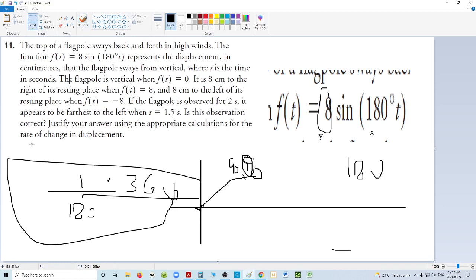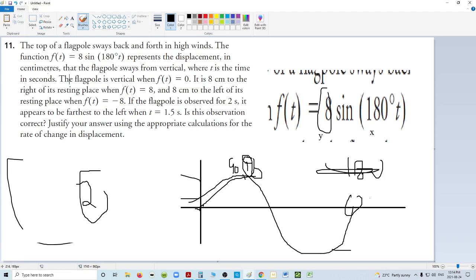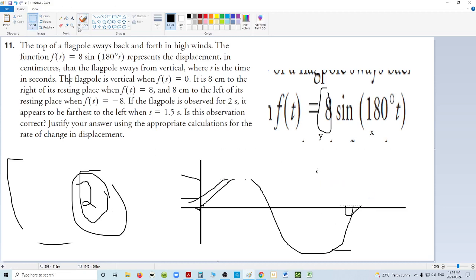It is 2, which means my period is no longer 360, but for it to complete one complete period, it takes 2 seconds. So one complete period is 2 seconds. Now this also helps you to understand this main graph, because the main sine curve is not going to change.